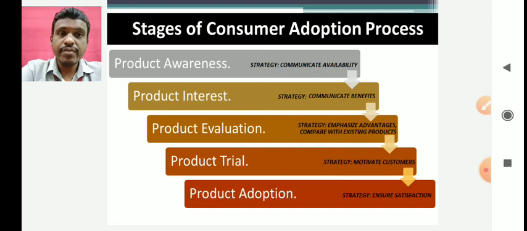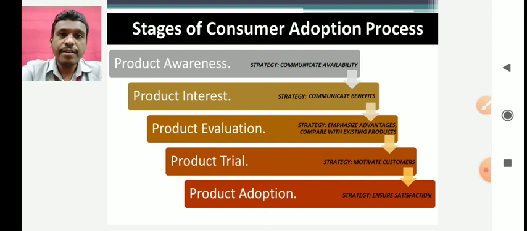If they are satisfied with the evaluation, and if they feel that our product is better, then they enter the fourth stage, that is the trial stage. In trial stage, they either purchase in a small quantity, or use our product by renting it out, or maybe use it from their friend's place, or their relatives. They may go and use the product, like for example a washing machine.